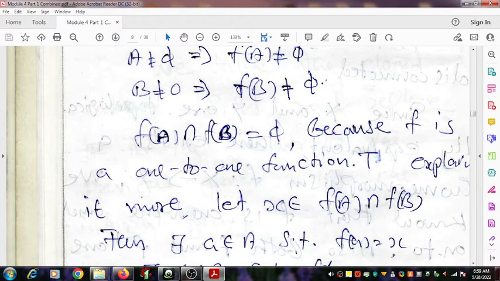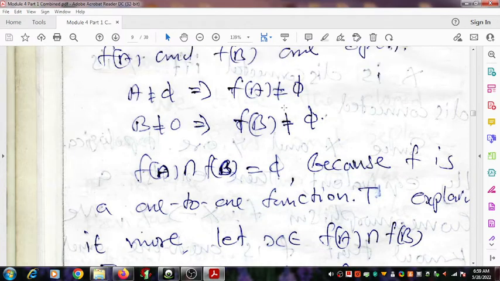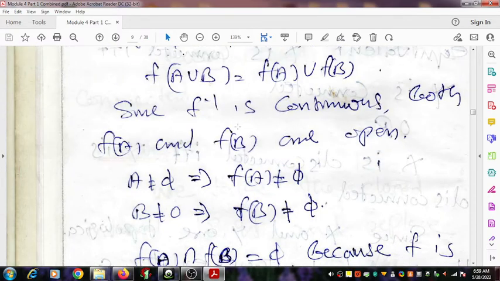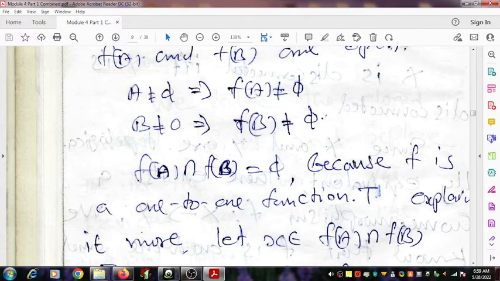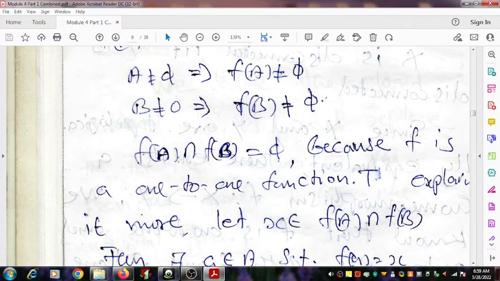Thus we get f of A non-empty, f of B also non-empty, and f of A and f of B are open subsets of Y. And one more thing: when we take the intersection f of A intersection f of B, that's an empty set, because of the one-to-one nature of the function. Since f is 1 to 1, you can easily verify that f of A intersection f of B is an empty set.